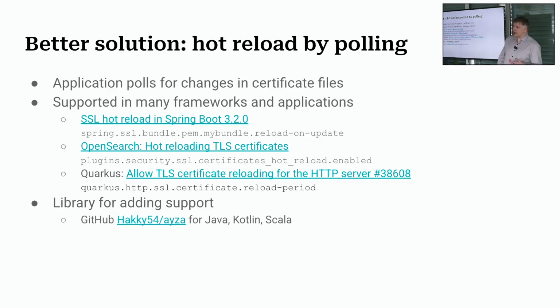And of course, in applications that use Quarkus in the background, like for instance, Keycloak, which is now built on Quarkus, and other applications built on these frameworks. Then on OpenSearch, there is a hot reload enabled flag, which will also accomplish this without restarting the OpenSearch cluster and causing a big mess.